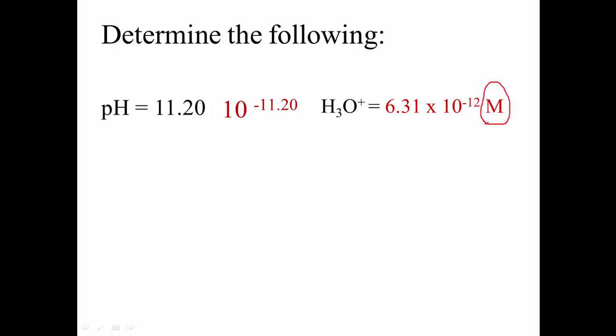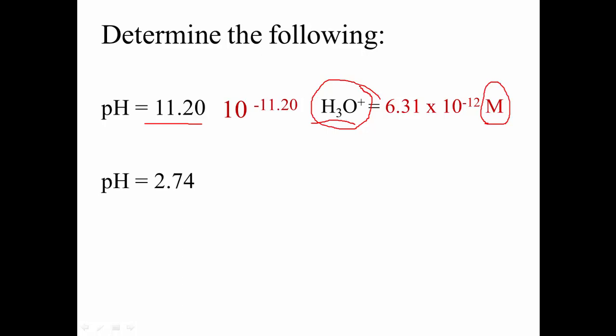That's your concentration. So you have a very small concentration of hydronium ion because actually you have a basic solution. So you would expect very little hydronium ion. Let's try another one. So we have a pH of 2.74 and we want the hydronium ion concentration.